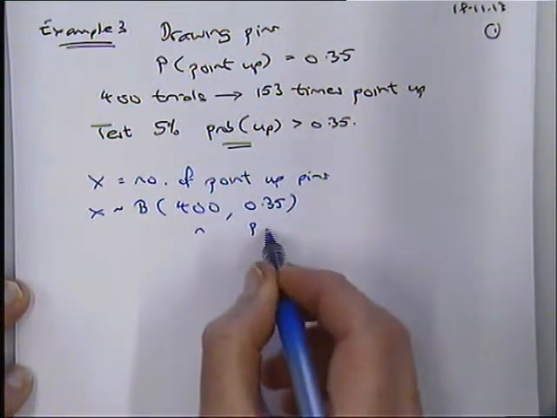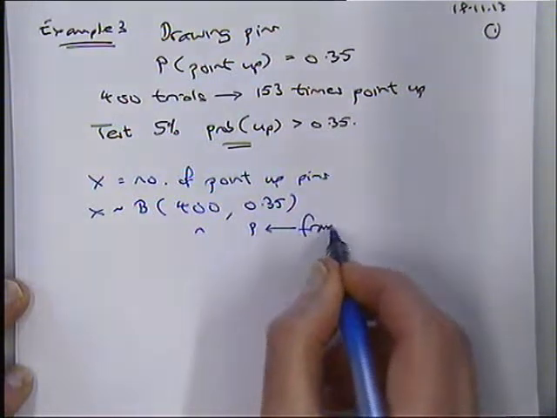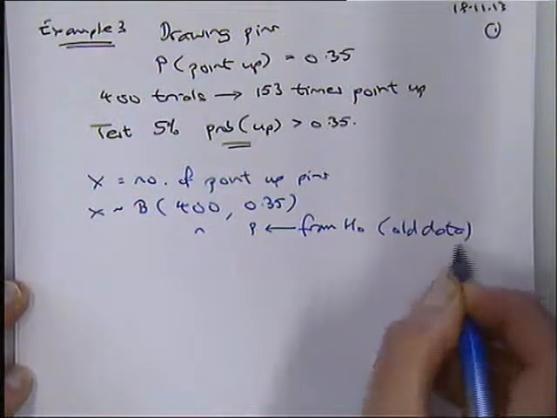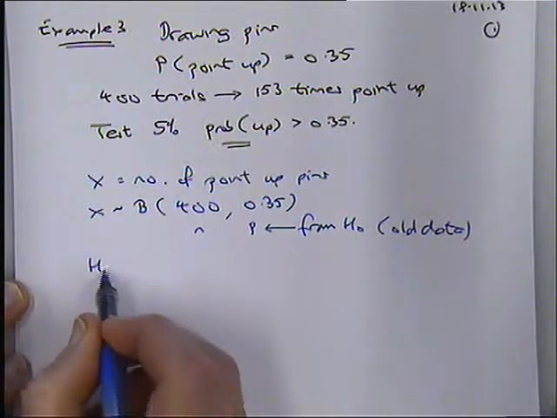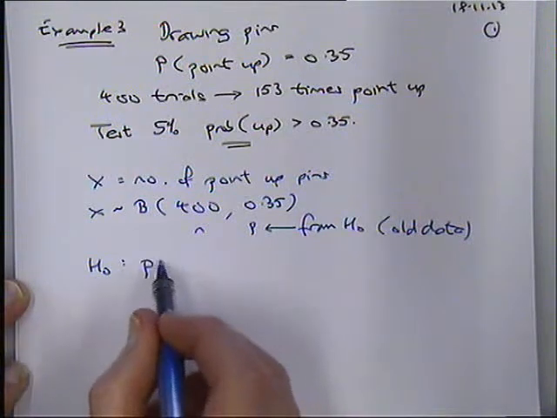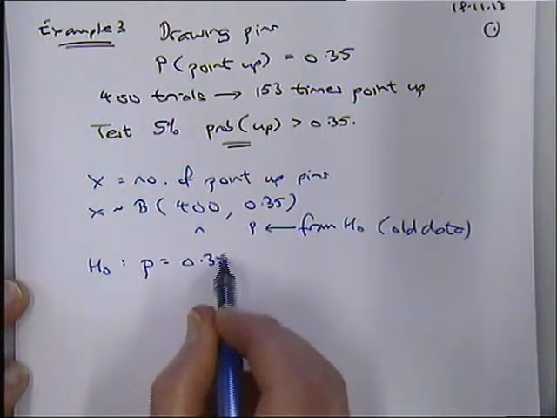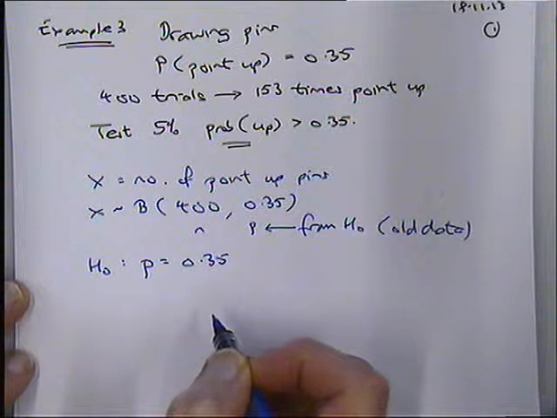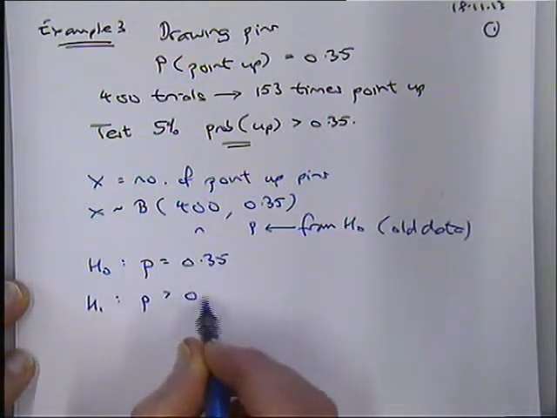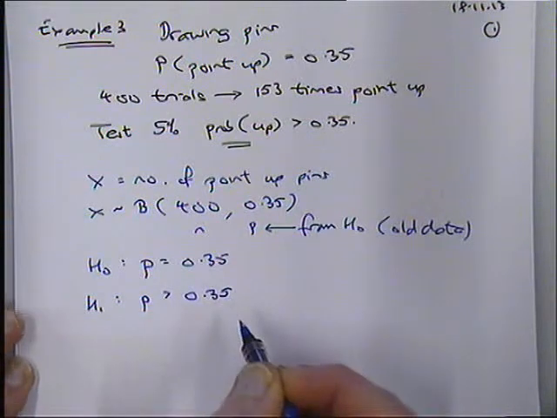That p always comes from your null hypothesis, which is basically your old data. So H0 is that nothing has changed, p is still 0.35. The alternative hypothesis is p is greater than 0.35.